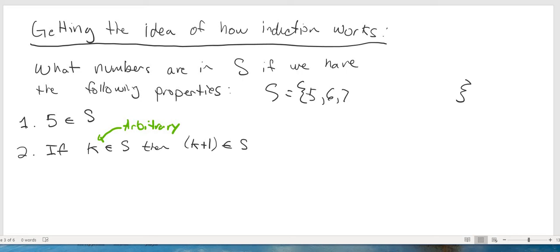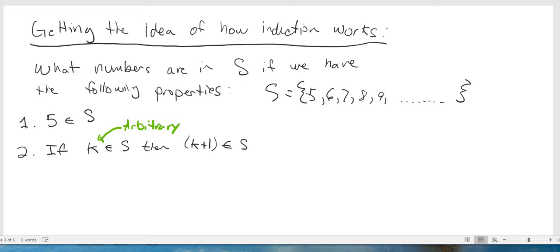Because you have 7, who also has to be there? 8, 9, 10. So you notice that automatically the rest are also going to be in here. And that's the idea of induction. If you can understand this, then you understand what induction is doing or how it works.